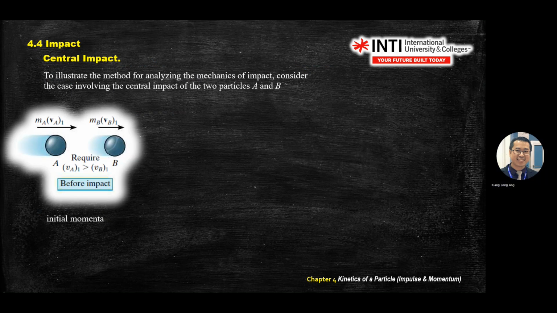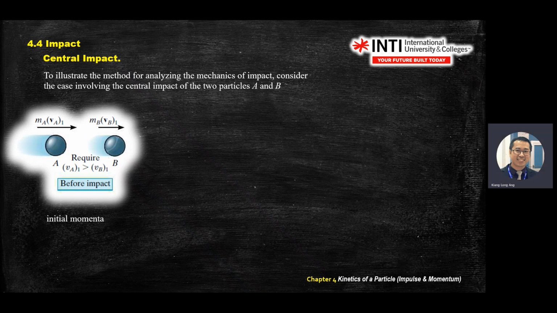We will zoom in and slow down the motion before impact and after impact. We are focusing on particles now, which means we can assume them to be like softballs. Let's say you have two round objects with different speeds.